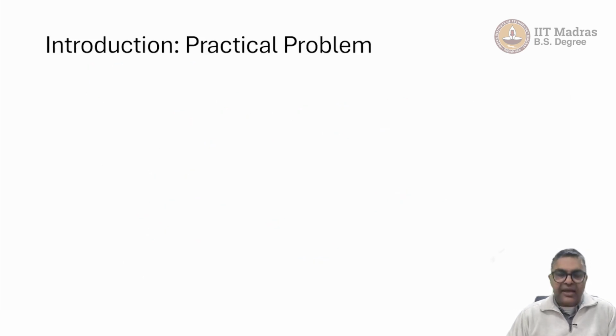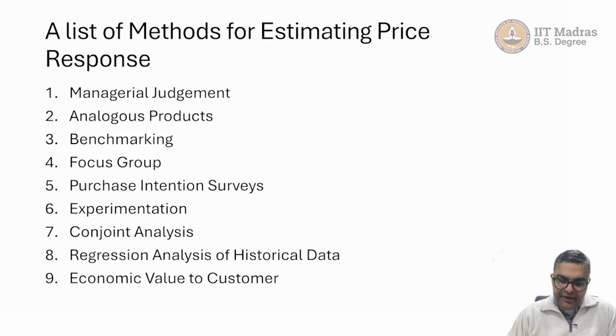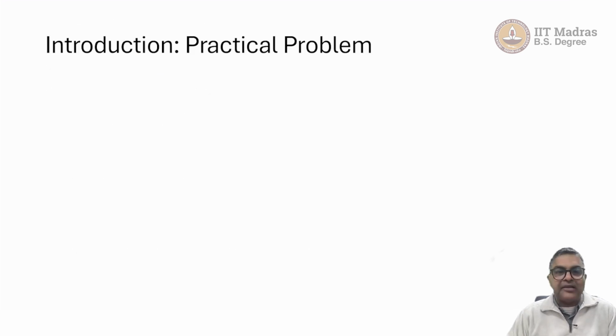We can give it a different name, like method of estimating price responses or estimating demand side, but let us understand what the problem is. If one is starting to think about this demand curve, how can you get it?